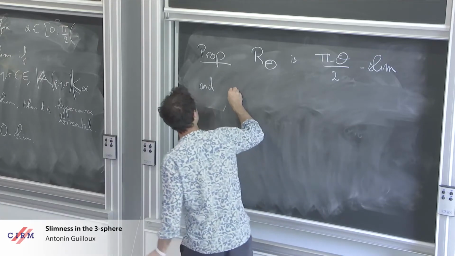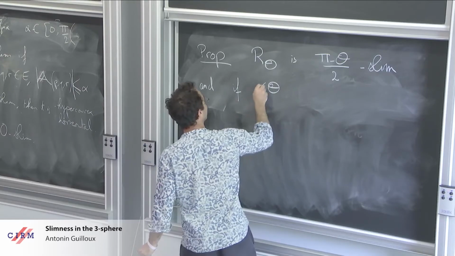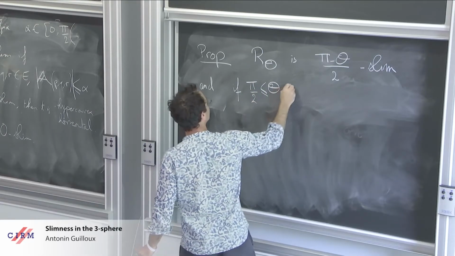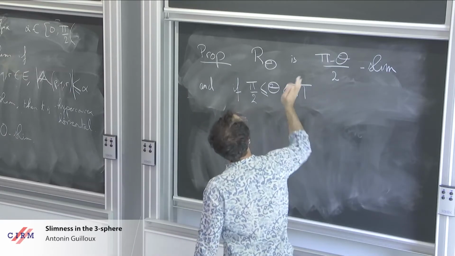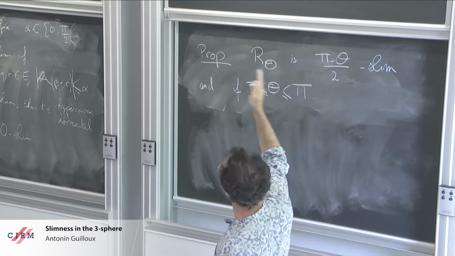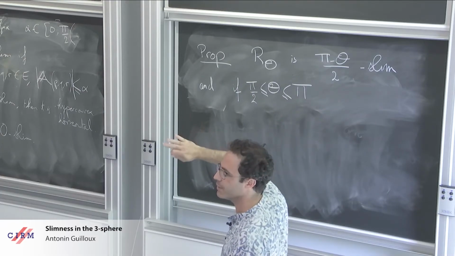And if theta is bigger than pi over 2 and less than pi, okay, I can only care about theta between 0 and pi by symmetry.